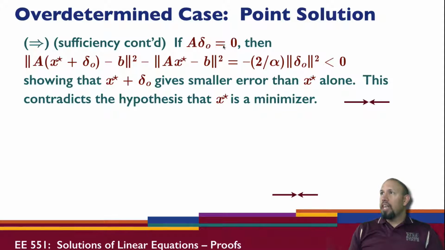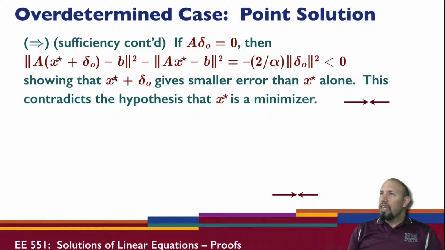So when A times delta is equal to 0, this difference in norms would have A delta squared in norm, but that's equal to 0. So that term goes away, and I'm left with this. So what's this? This quantity is positive. This quantity is positive. So all of this is negative. What that is saying is that this norm is strictly less than this norm.